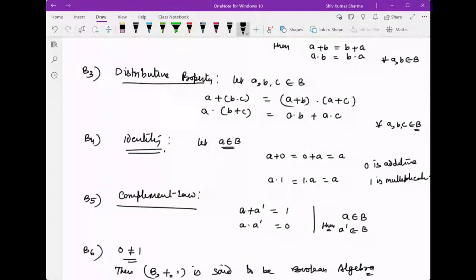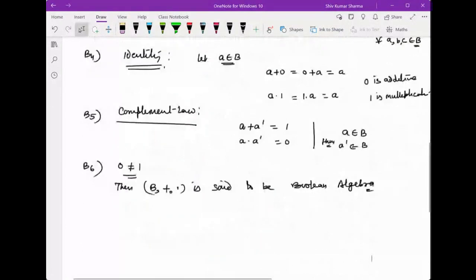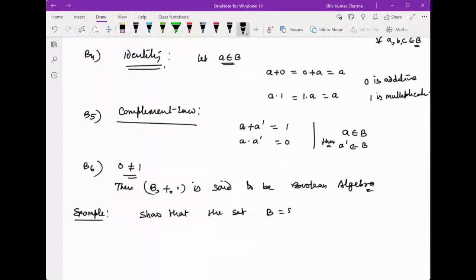Now we can take an example. For example, show that the set B having two elements 0 and 1 under addition and multiplication is a Boolean algebra.